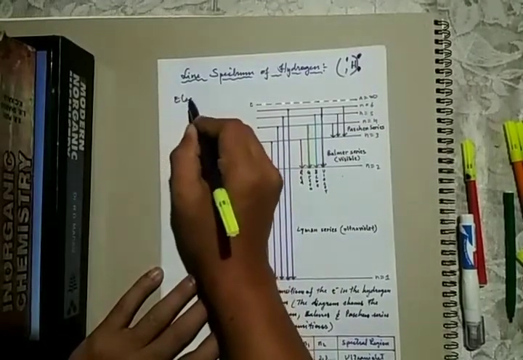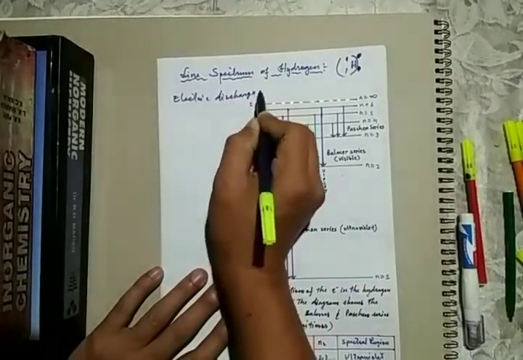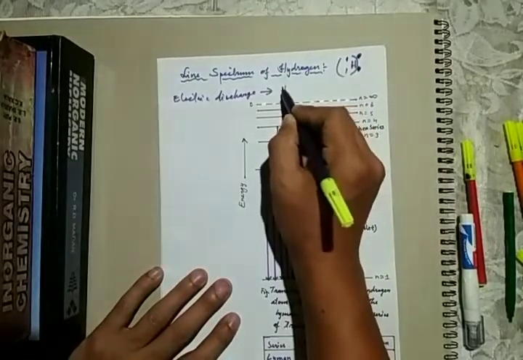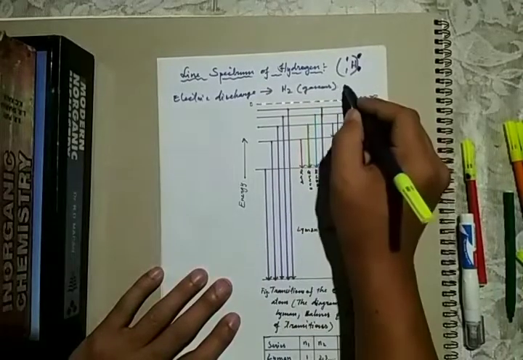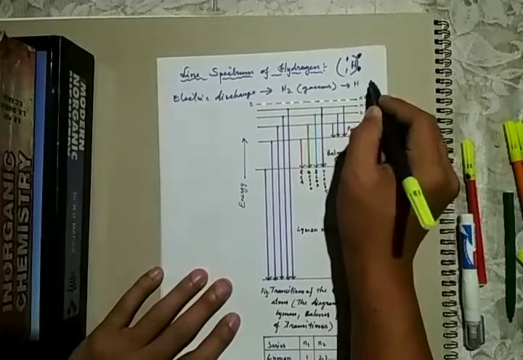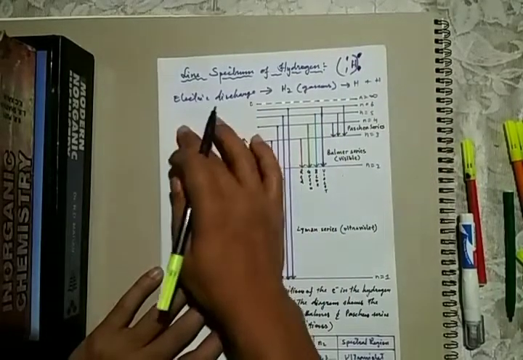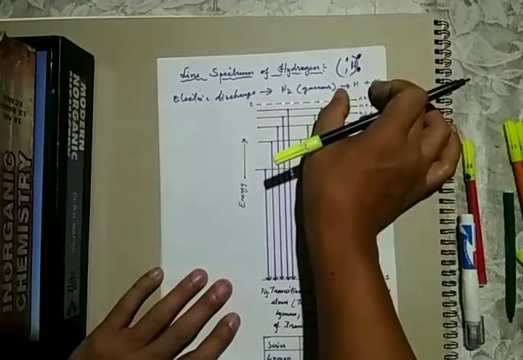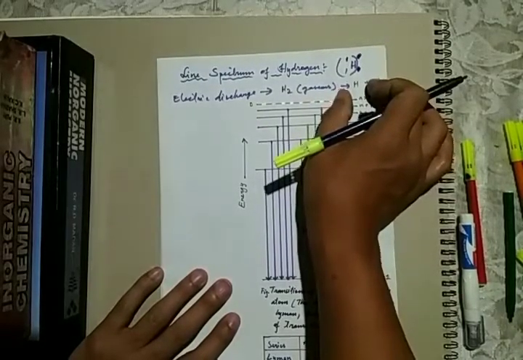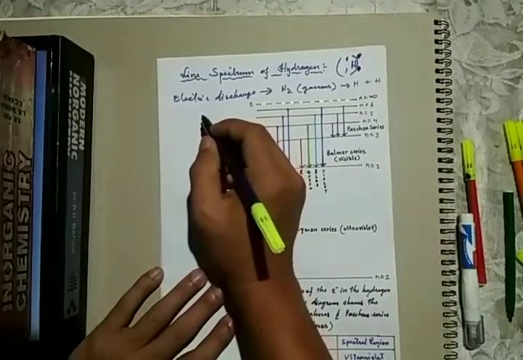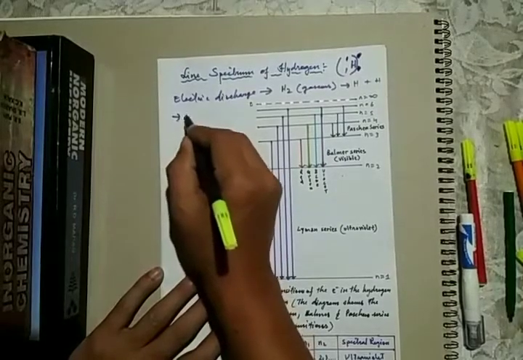The hydrogen molecule breaks and gets excited, or absorbs energy, and then emits electromagnetic radiation.